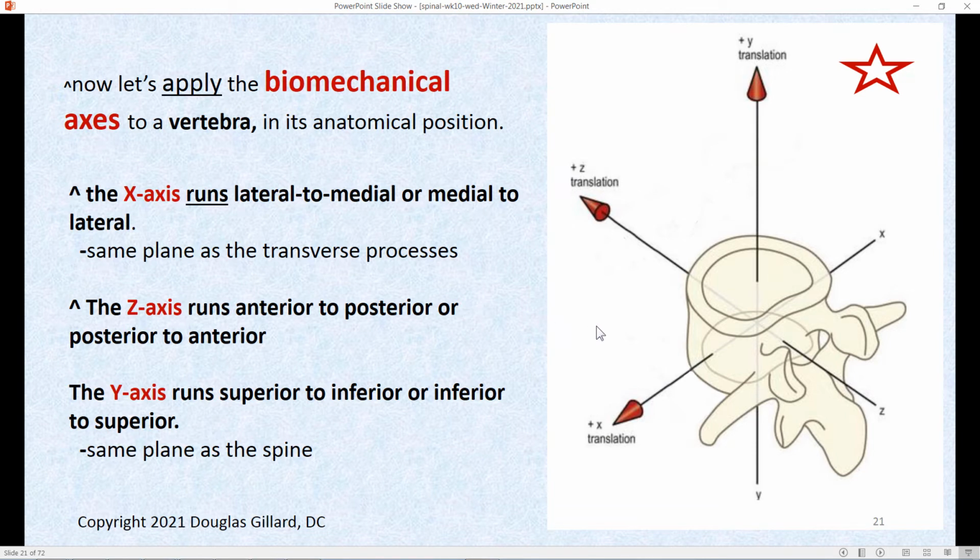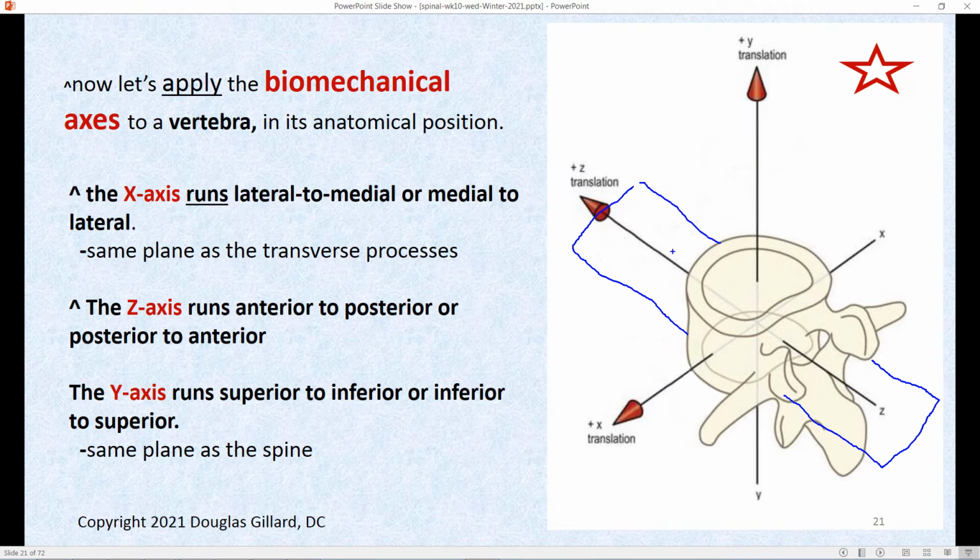Now, if we add those to a vertebra, they're the same motion. So for translation, there's the z-axis. So we could slide along the z-axis. If you imagine the z-axis in a horizontal plane, I'm not very good at drawing planes, but if you pushed and slid the vertebra forward, it would slide along the z-axis, but it would also be sliding along a transverse plane, or horizontal or axial plane.